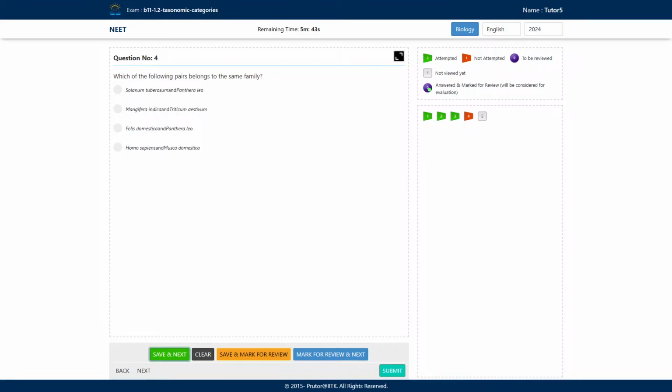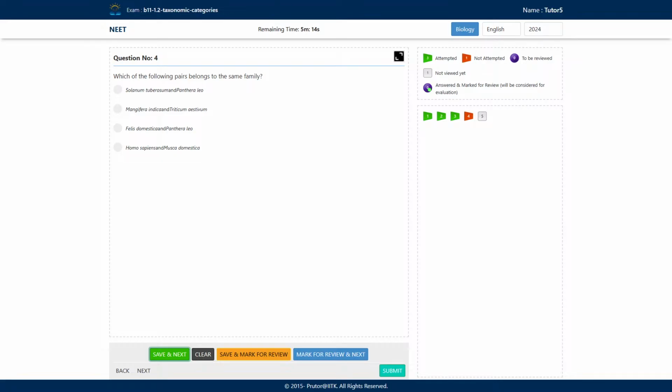Now let's discuss this question. Which of the following pairs belong to the same family? Option A: Solanum tuberosum and Panthera leo. B is Mangifera indica and Triticum aestivum. C is Felis domestica, which is cat, and Panthera leo, which is lion. D is Homo sapiens, which is man, and Musca domestica, which is the housefly. Here Solanum tuberosum is potato, Panthera leo is again lion, Mangifera indica is mango, and Triticum aestivum is wheat.